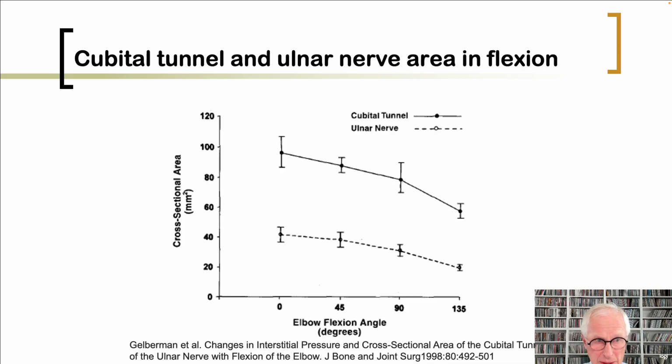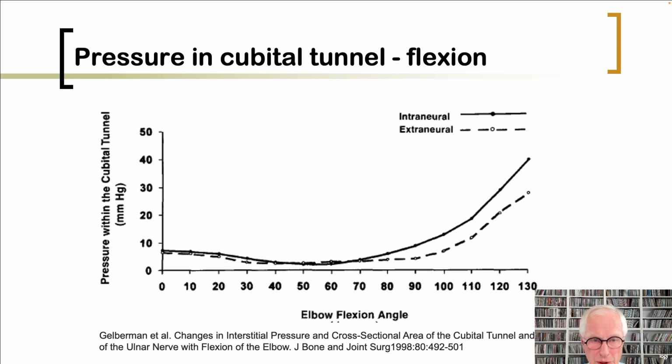And here we see the relationship between flexion angle and the cross-sectional area of the cubital tunnel and the ulnar nerve. You can see that to the right there, the area is significantly smaller when you flex the elbow, and also the pressure in the cubital tunnel increases when the elbow flexion goes beyond 90 degrees.